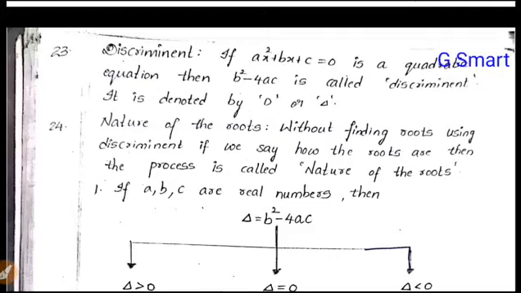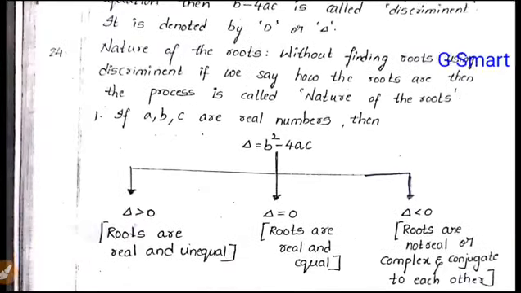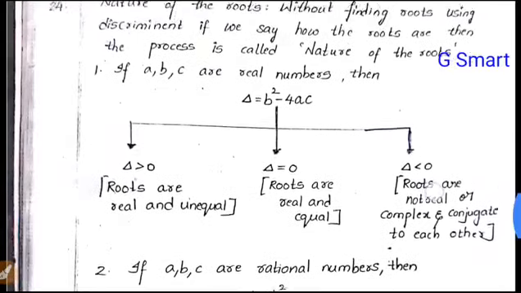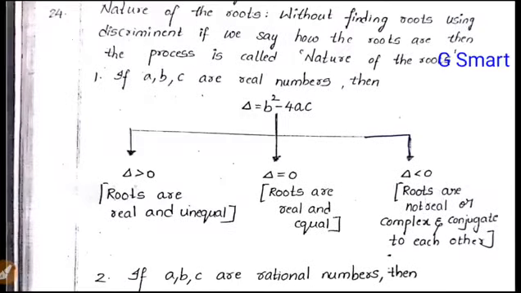If a, b, c are real numbers, this table is very important. Listen, if a, b, c are real numbers, then delta is equal to b square minus 4ac. This is the discriminant. If the discriminant is greater than 0, then the roots are real and unequal, for example 3 comma 5.